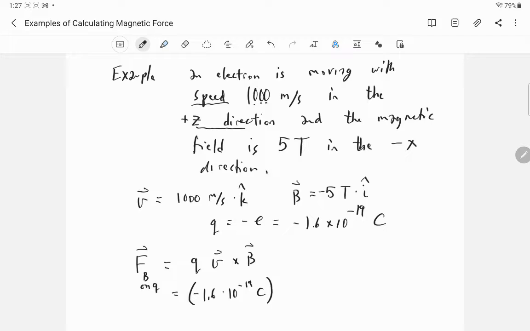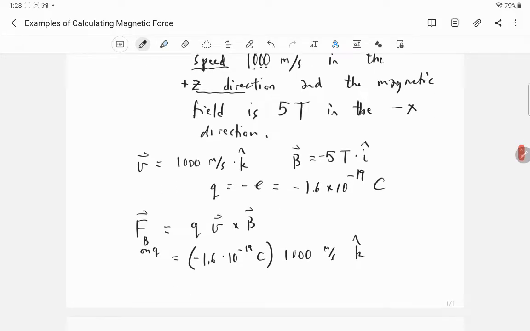That's the charge, Q. The velocity is 1,000 meters per second, but it's in the k hat direction. And then there's a vector cross product with the magnetic field strength, which is negative 5 Tesla in the i hat direction, right?